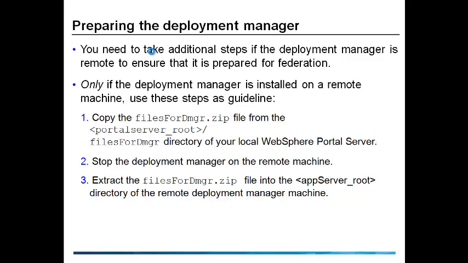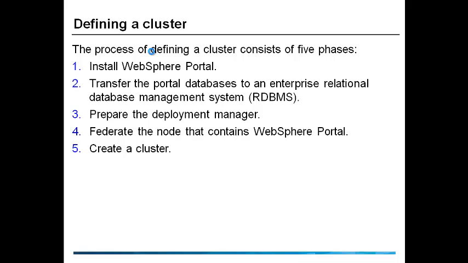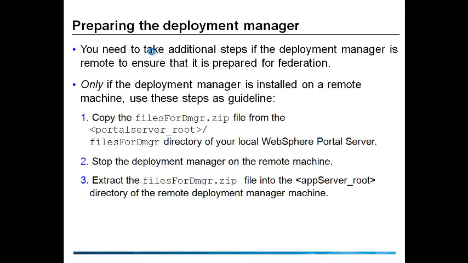Preparing the deployment manager. As we discussed, there are 5 stages, and the third stage is called preparing the deployment manager. When you reach the third step, copy the files for dmgr zip file from the portal server to your local WebSphere portal server directory, stop the deployment manager, and extract this zip file to the application server temporary directory.